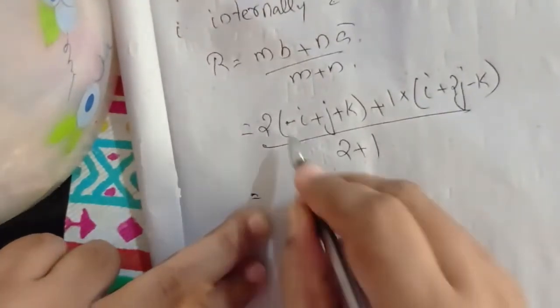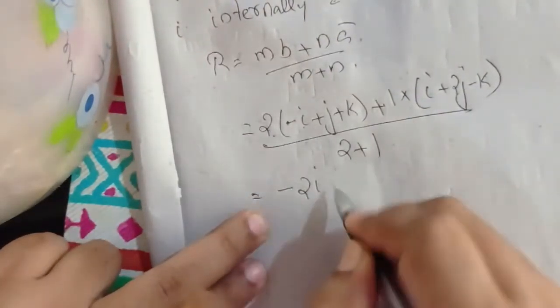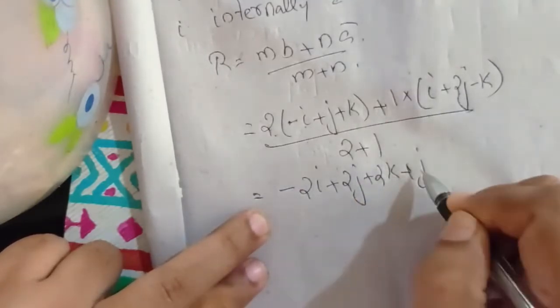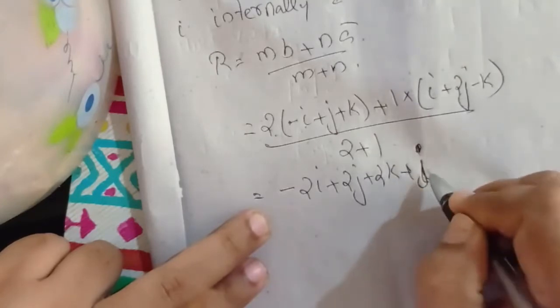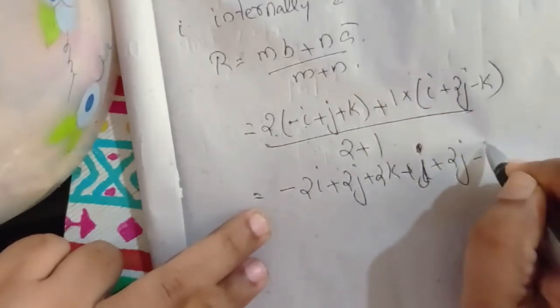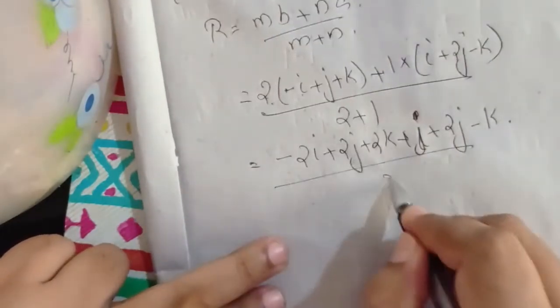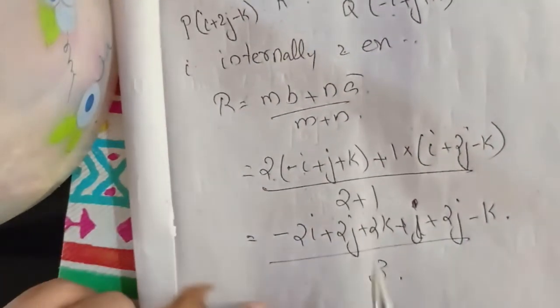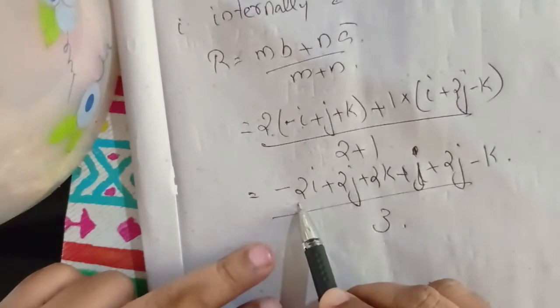Right. Answer: minus 2i plus 2j plus 2k plus i plus 2j minus k, the whole by 3. After calculation, minus 2i minus i, got it?